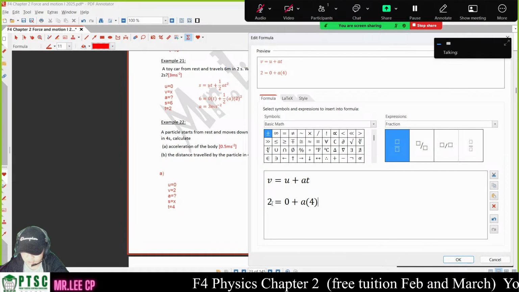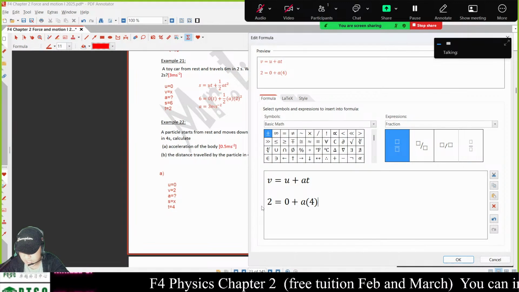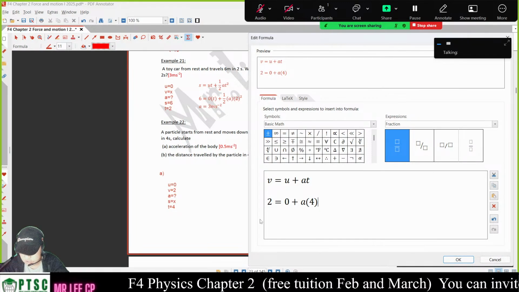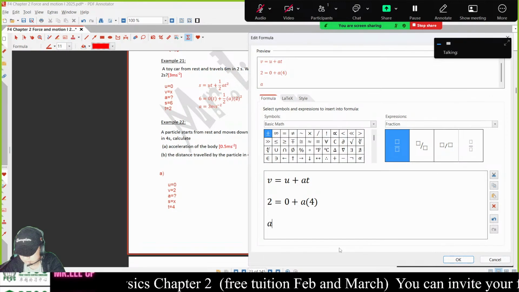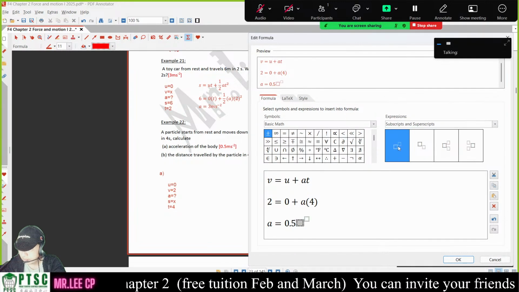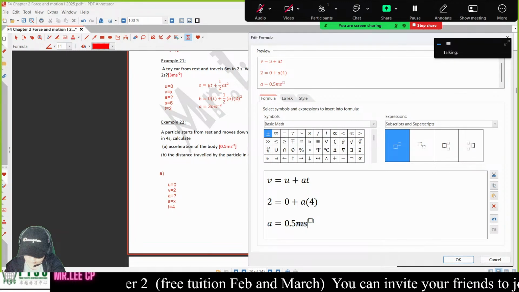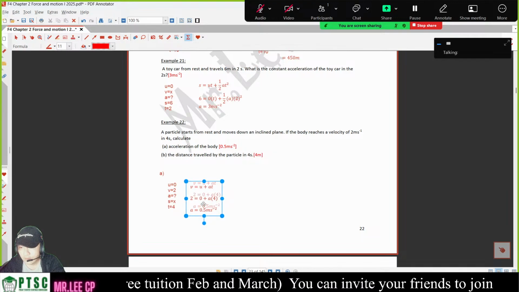Right? 4A equals 2. This 0, no need to see. A is equal to 2 divided by 4. 2 divided by 4 is 0.5. Okay.